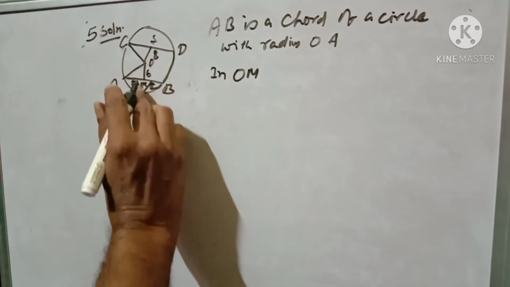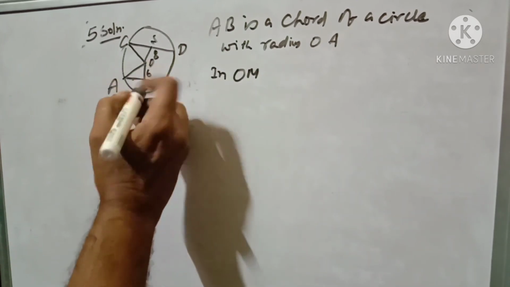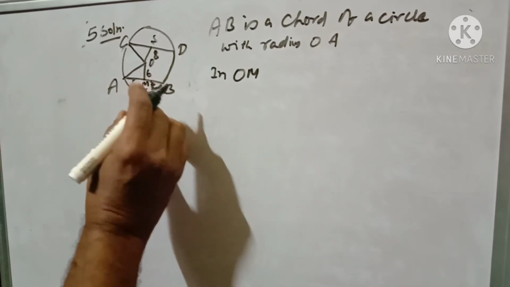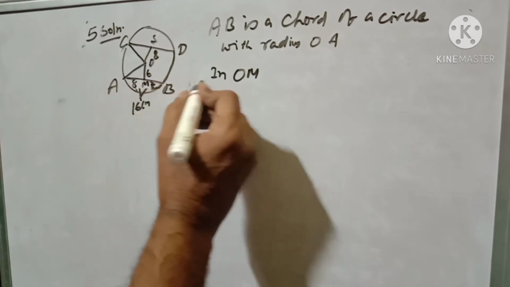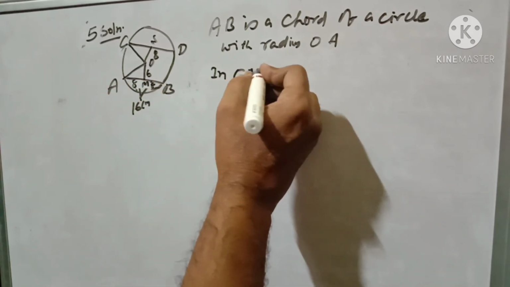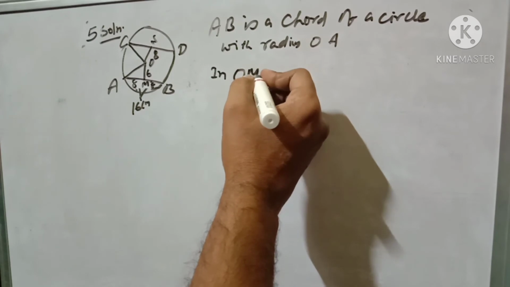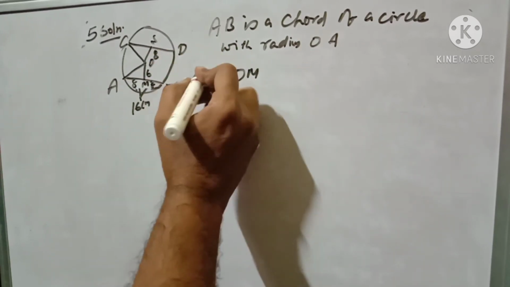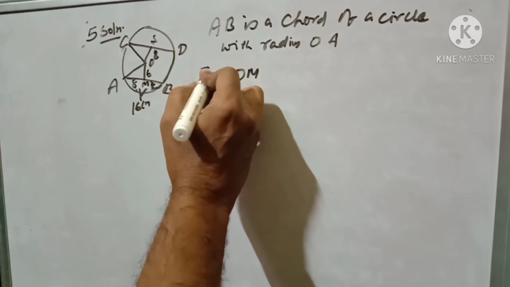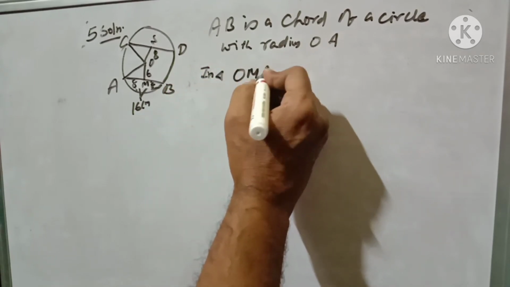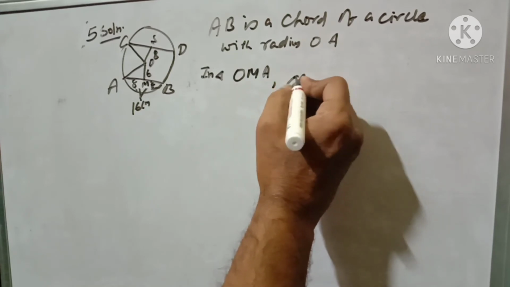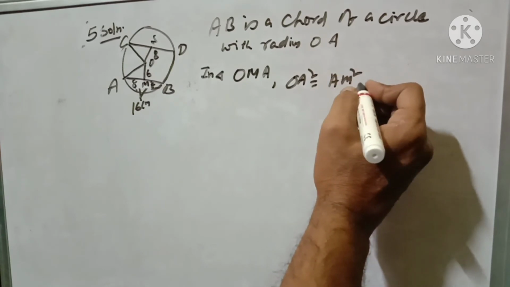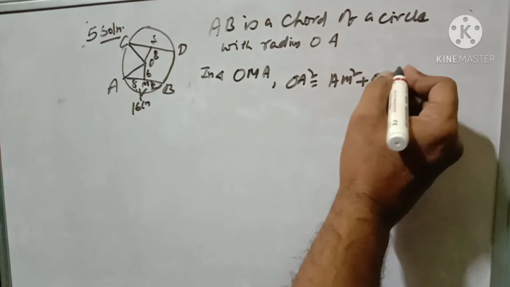This is M. This is 8. This is also 8 because the length of the AB chord is 16. So in triangle OMA, OA square equal to AM square plus OM square.